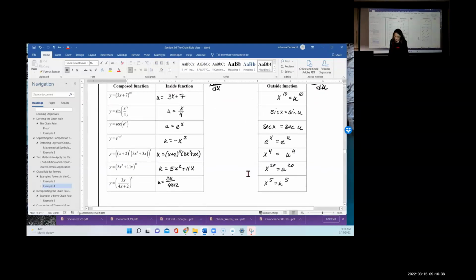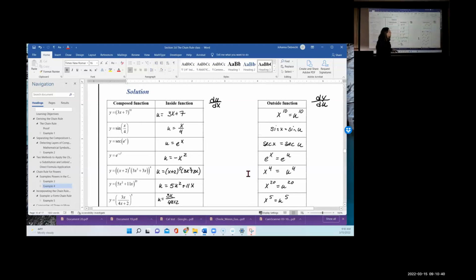All right. So when we're looking at this part yesterday, what we did was we prepared a table where we took some different composed functions that you see on the left, and we split them up into their inside function and their outside function. And so what I want us to do now is to actually compare and apply the formula.